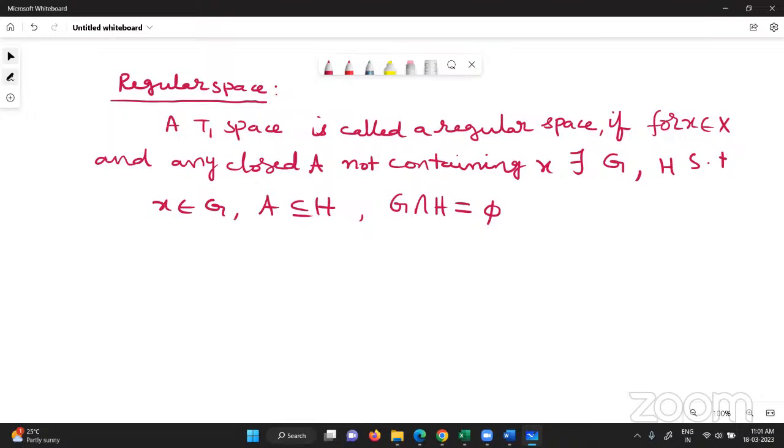Suppose in a school for 10th class, there are two sections A and B. They belong to the same class, but a student of section A does not belong to section B. So that is the example of Hausdorff space. T1 space means where students will combine for some class.